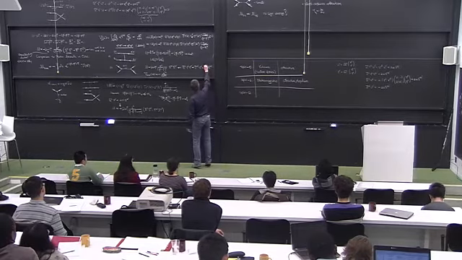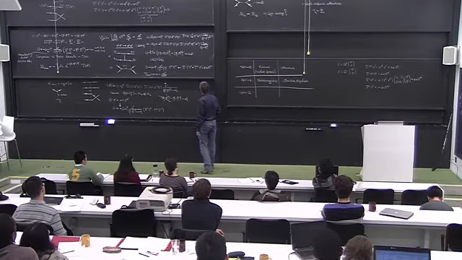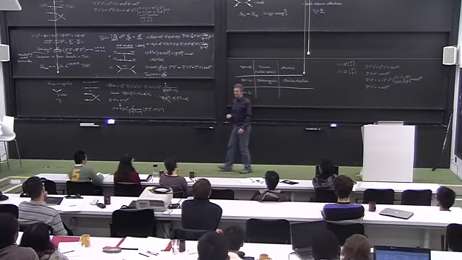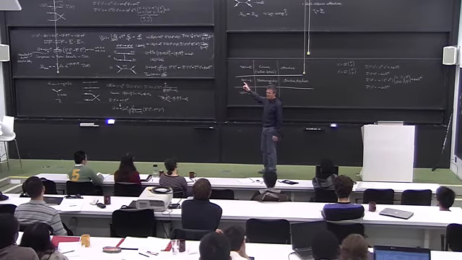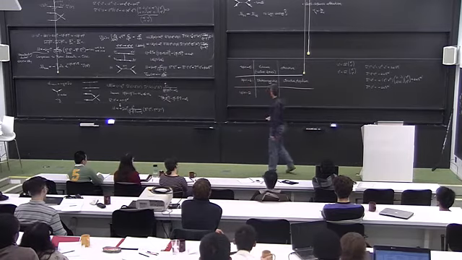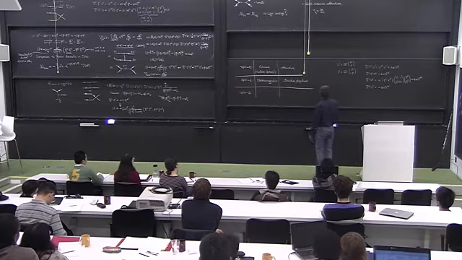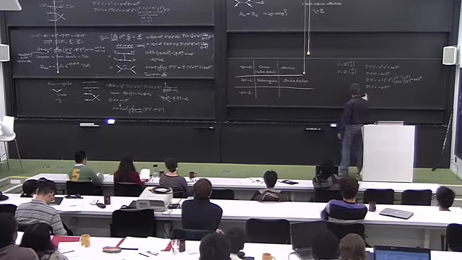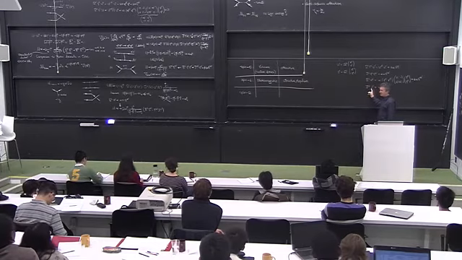So I'm sorry, here there is a plus. Right, so there was a plus here. But there is an extra minus in the Yukawa calculation because of this.